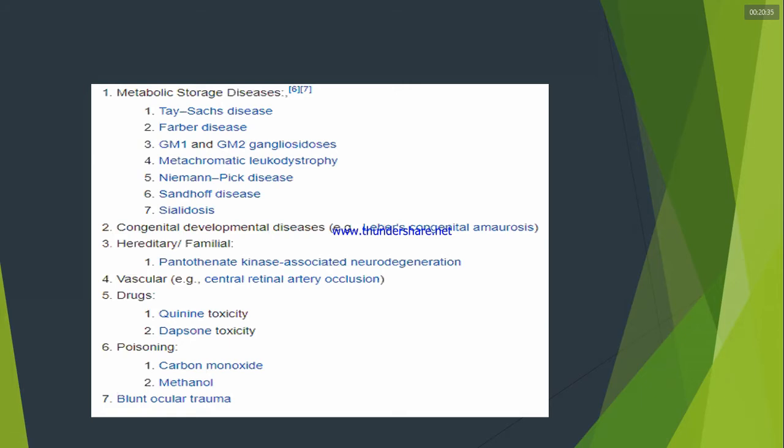Many patients can come with these features, where there will be diminution of vision. So at least please remember a few points: ocular blunt trauma, poisoning, drugs, and storage disease, because this is also a frequently asked question. Put at least a star so that you can read it for your practical exam.